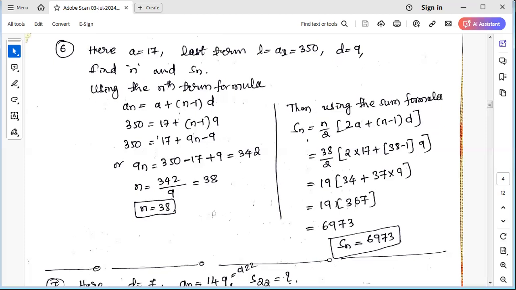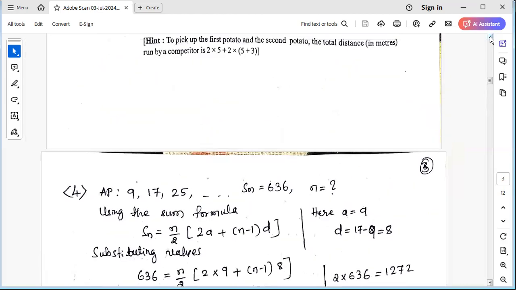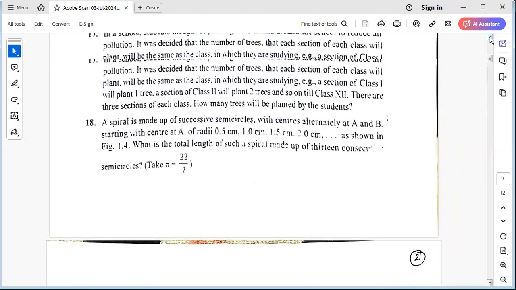Or this is equal to 19 into, this total sum gives 367. So 19 into 367 gives 6,973. So their sum is 6,973. So in this way, the problem 6 is solved. Now let us see what is the problem number 7.